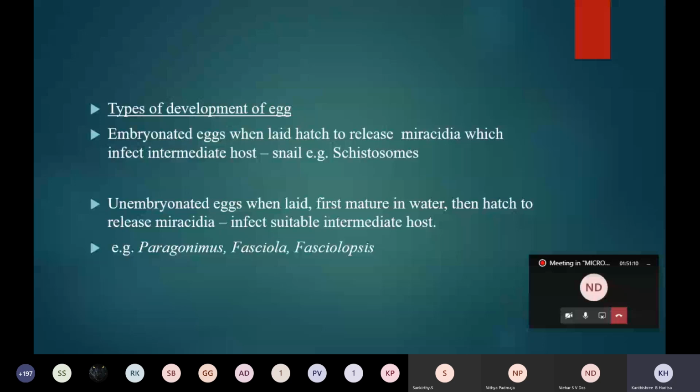Next type is when laid, the eggs are unembryonated. They will first mature in water and then they will hatch to release the miracidia, which will infect a suitable intermediate host. Examples for such a type are Paragonimus, Fasciola, Fasciolopsis.